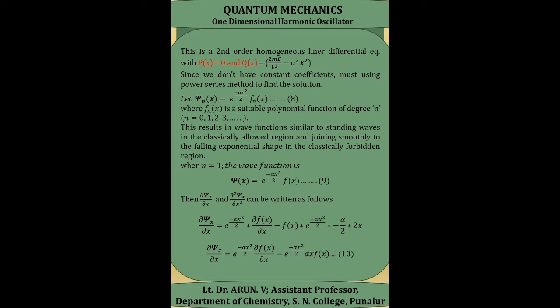The value of dou psi by dou x is equal to e raised to minus alpha x square by 2 into dou f by dou x, plus f(x) into e raised to minus alpha x square by 2 into minus alpha by 2 into 2x, or dou psi by dou x is equal to e raised to minus alpha x square by 2 into dou f by dou x minus e raised to minus alpha x square by 2 into alpha x into f(x).